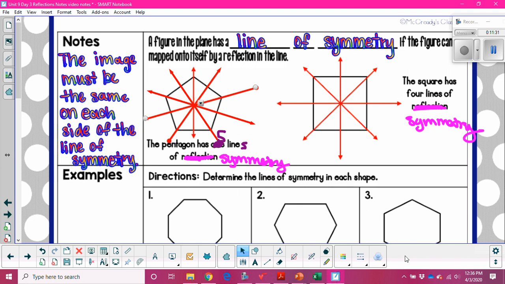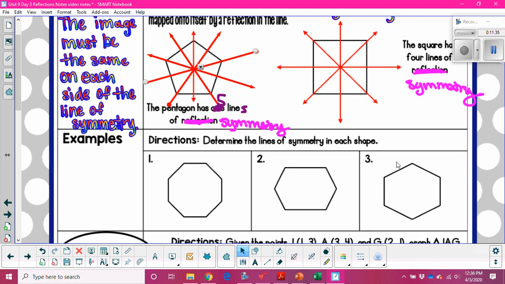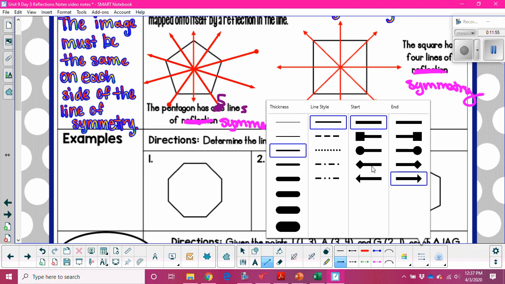Okay, so looking at these examples here, we're going to determine the lines of symmetry in each shape. Looking at the first one, the octagon, that is a regular octagon. So already I know how many it's going to have. It's going to have 8 because in a regular polygon all sides are the same. So all we're going to do is draw the lines of symmetry.